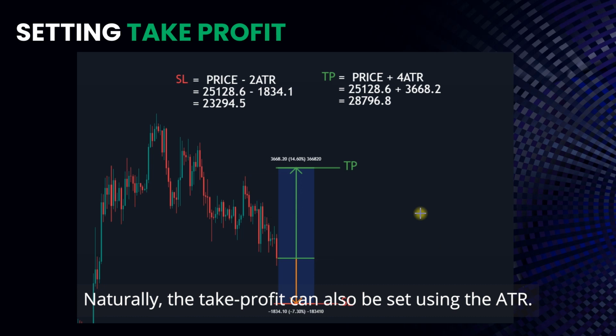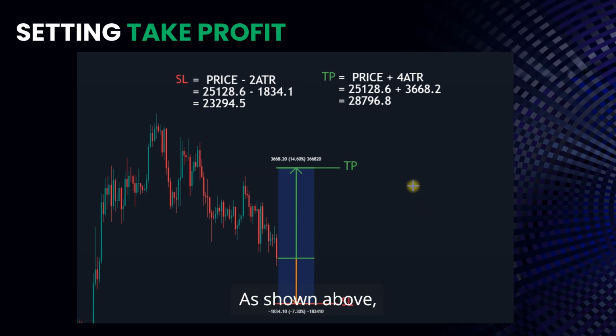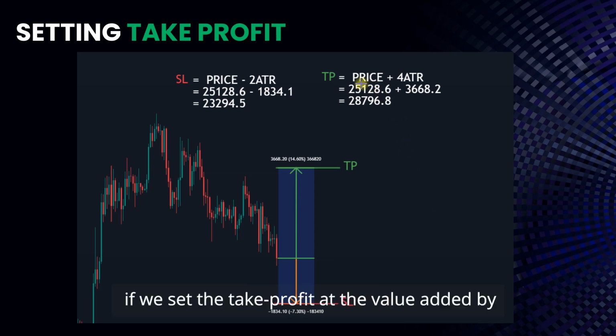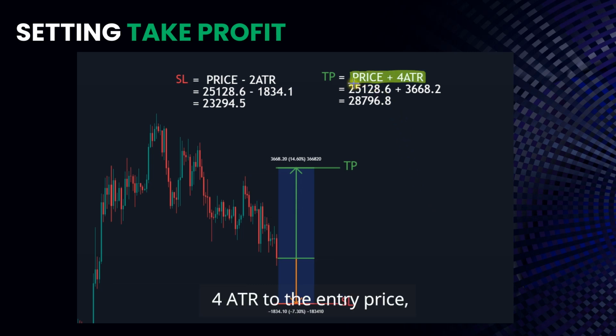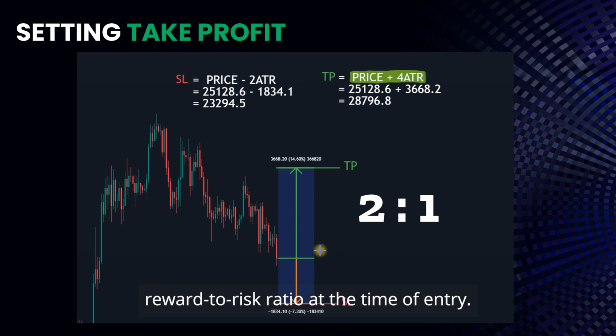Naturally, the take-profit can also be set using the ATR. As shown above, if we set the take-profit at the value added by 4 ATR to the entry price, we can consider trading with a 2-to-1 reward risk ratio at the time of entry.